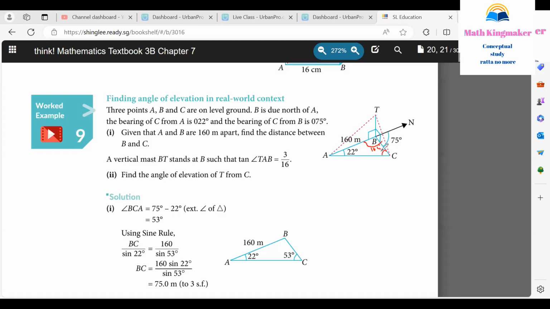So BCA is 75 minus 22, by the exterior angle property. This is 22. Okay. So now you can easily calculate it.